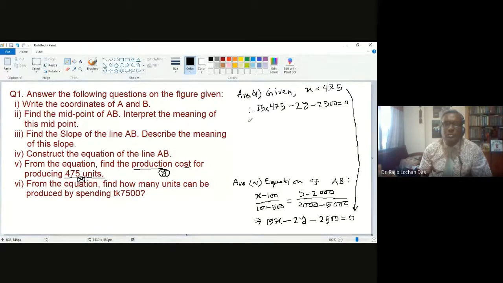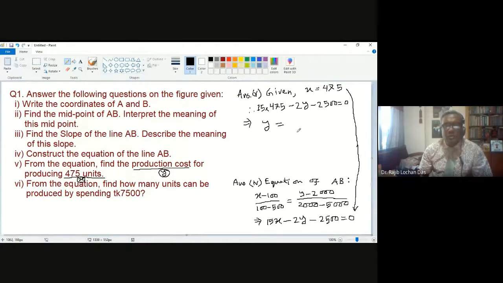So you go to the next line, you calculate this thing. Y will come. Very, very simple. So what is the answer for this? 15 into 475 you do first, then minus 2500 and then change the side and then divide by 2. So y will come.